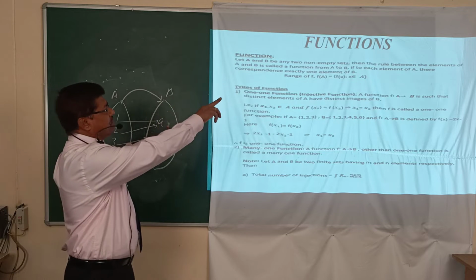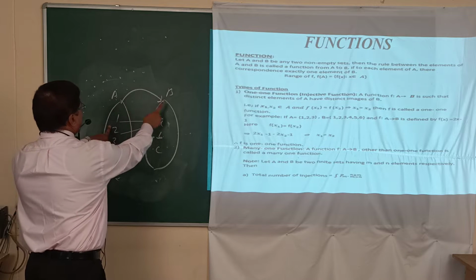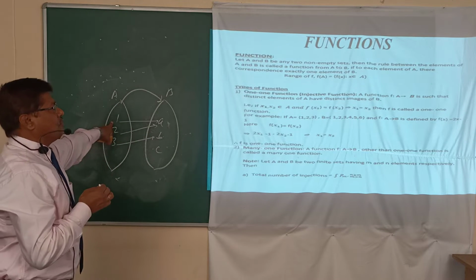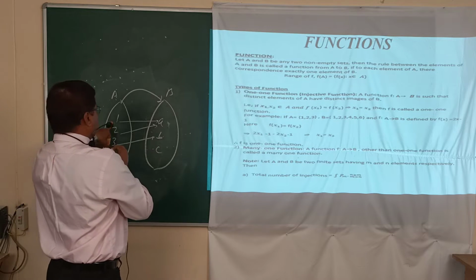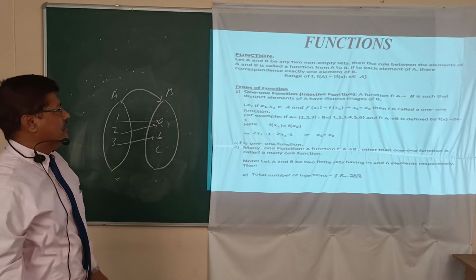According to the definition, if the relation is given from A to B, we check only the elements of set A. If there is only one image present in set B for each, that is a function. Okay?